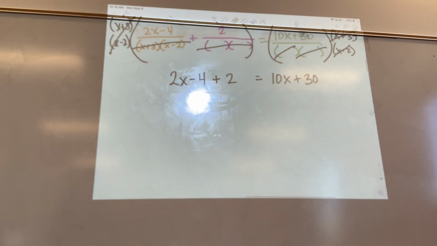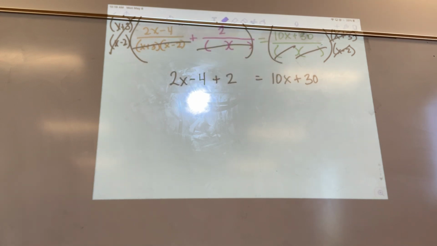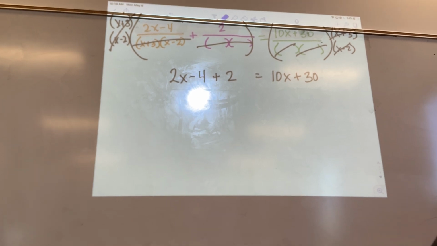What can we do first? Kiara, can you help me? What do I do? Subtract 2x like this, or subtract 10? I could do it either way. Which one do you want?